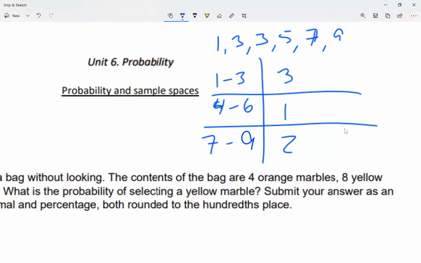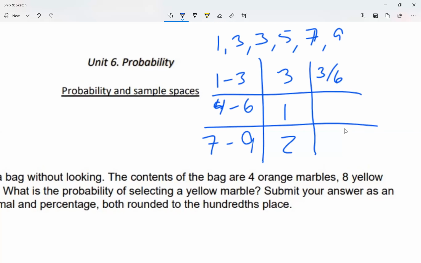Remember we used to do those tallies, and then we even used to come and say, all right, I have a total of 6 numbers. So from 1 to 3, I have 3 out of 6 numbers. And then we would see it as a fraction, 3 over 6, or we even saw it as a decimal, 0.50.